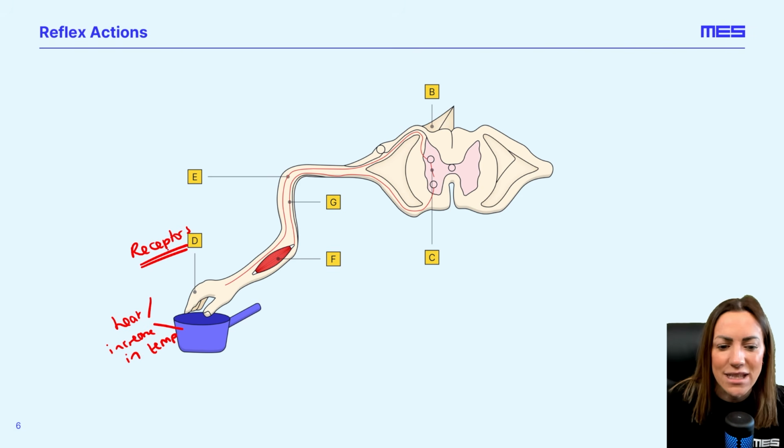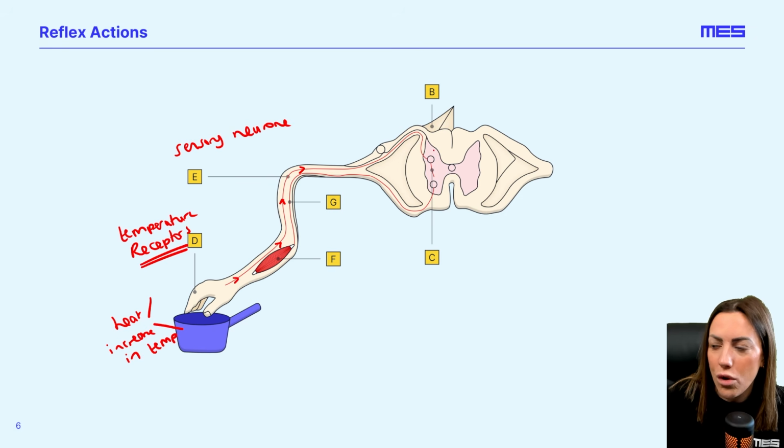It's detected by receptors. They detect the stimulus. These would be found in the skin. These are obviously temperature receptors because they're going to detect that increase in temperature. Remember, they convert that into an electrical impulse, and the electrical impulse is going to travel down our first neuron, which is our sensory neuron, which carries the electrical impulse from the receptor all the way in to our central nervous system.